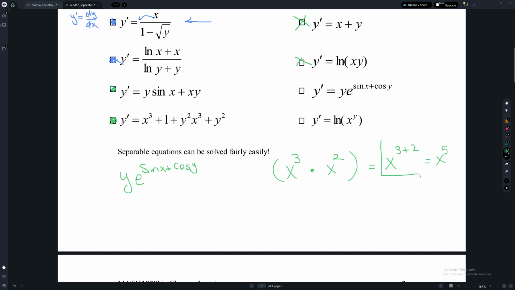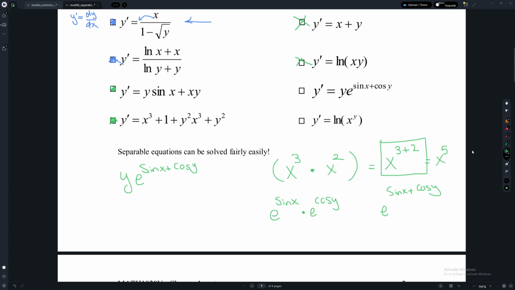So in terms of Euler, x is e, 3 is your sine x, that's your plus, and 2 is your cos y. You can separate these in these terms, which is e to the sine x, which is our 3, times e to the cos y.